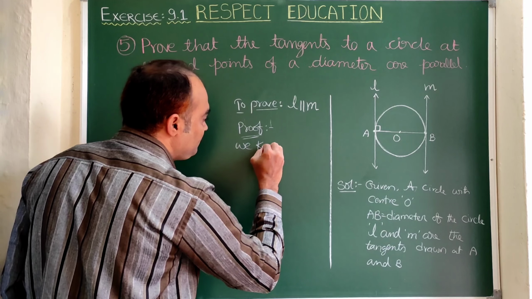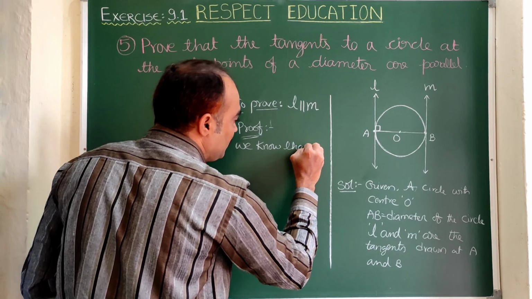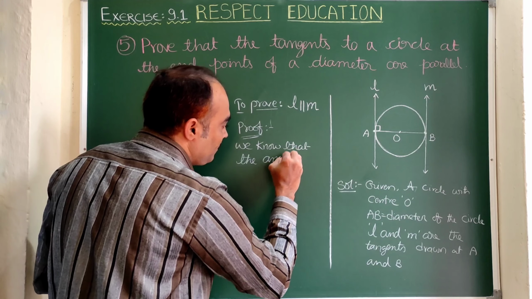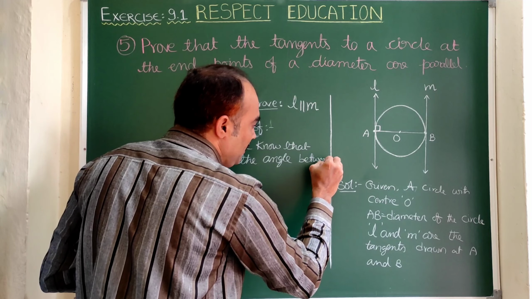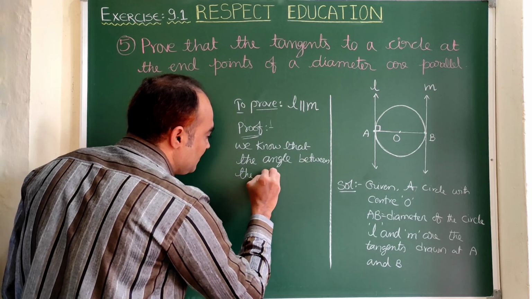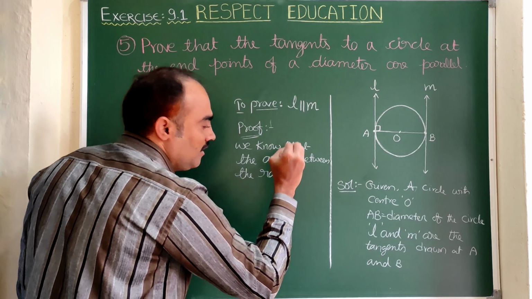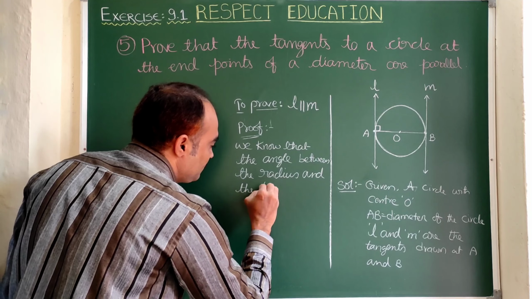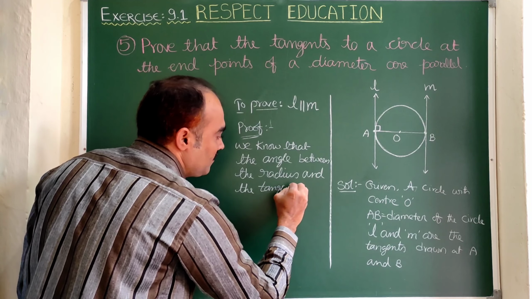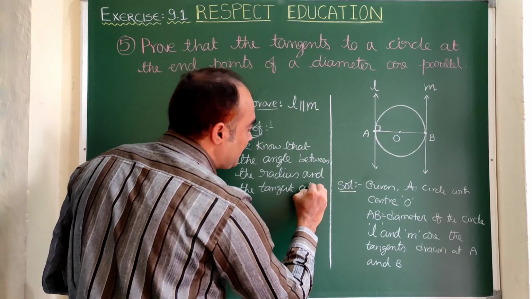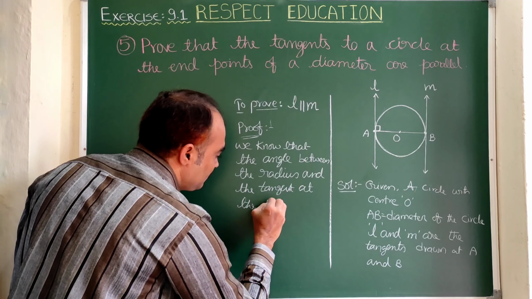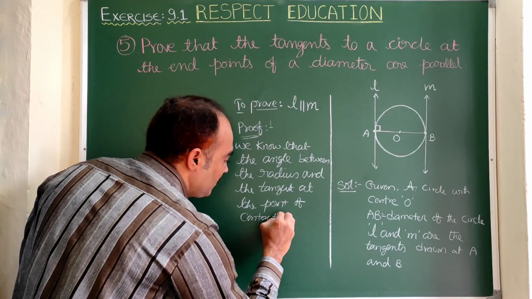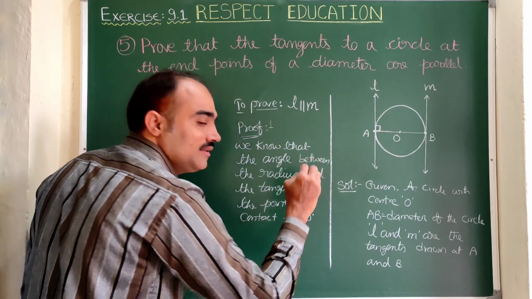We know that the angle between the radius and the tangent at the point of contact is 90 degrees, right?